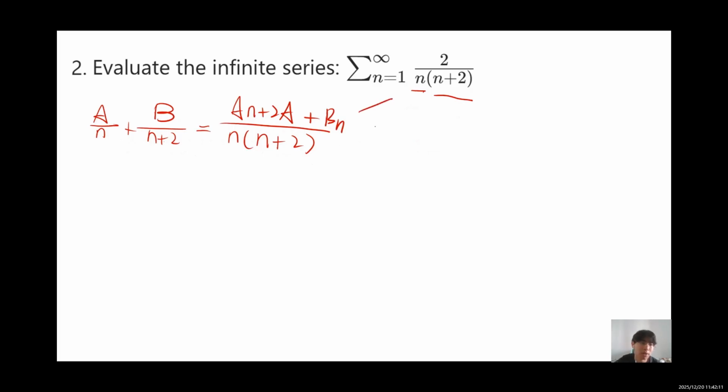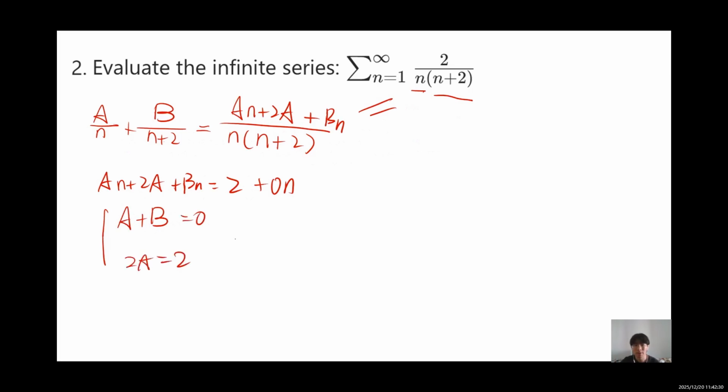Okay, they should be equal, so an plus 2a plus bn is 2 plus 0n. It implies that a plus b is 0 and 2a is 2. So a equals 1, b equals minus 1 again.